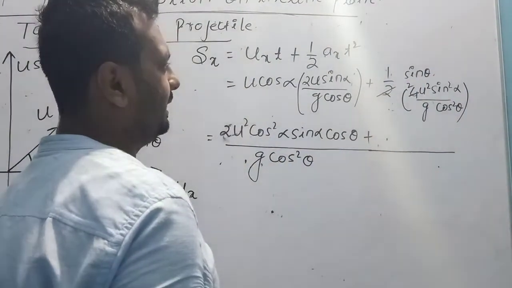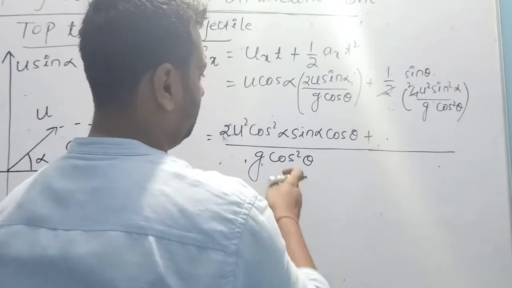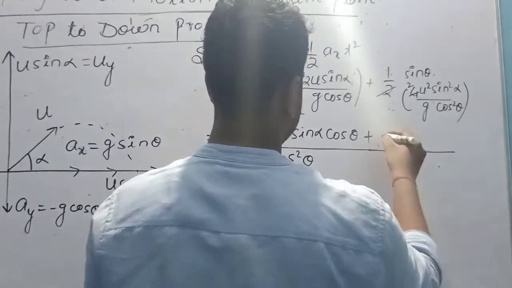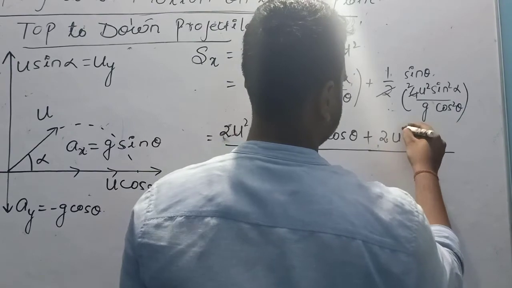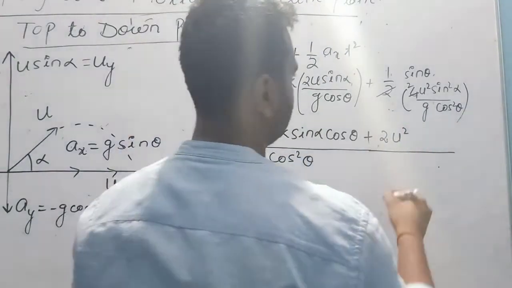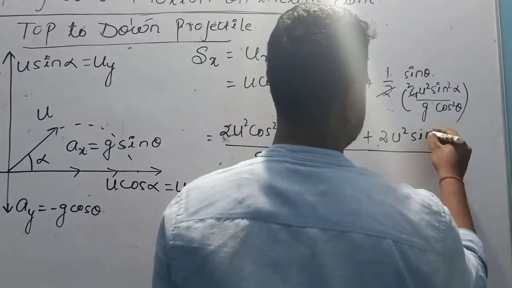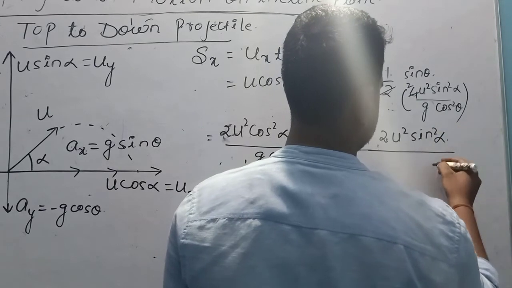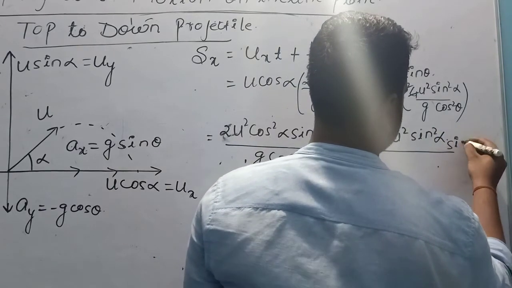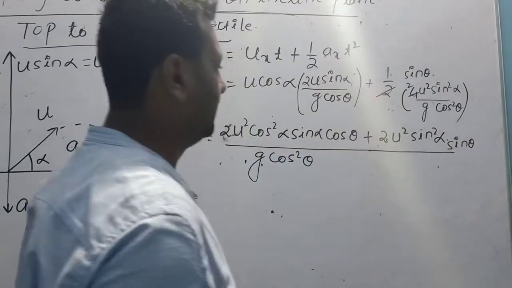So here what will be left? 2u square sin square alpha into sin theta. This will be left.